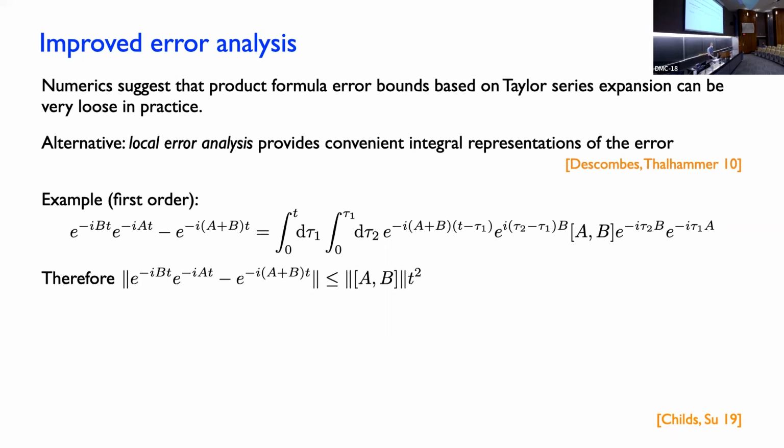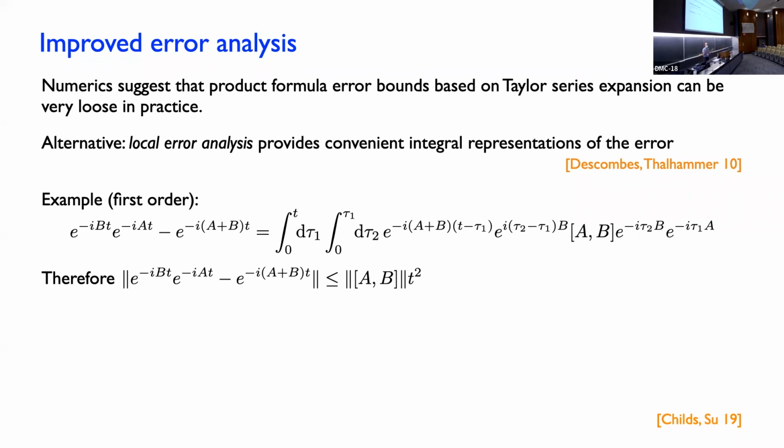And notice that this expression involves a commutator between A and B, and then some evolution according to A and B, and the sum of A and B on either side. So it's basically the commutator of A and B times some unitary things. Those are norm one things.